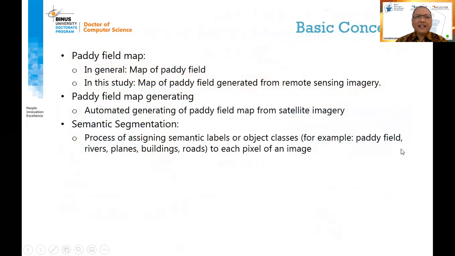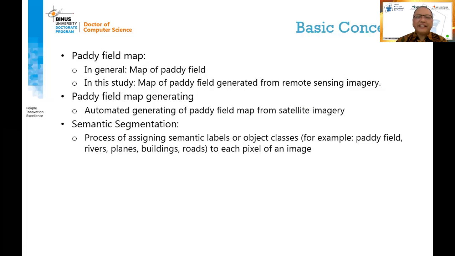Let me start with basic concepts. First of all, a paddy field map is a map of paddy fields. In Bahasa Indonesia we call it sawah. In this study, the map of paddy fields is generated from remote sensing imagery.